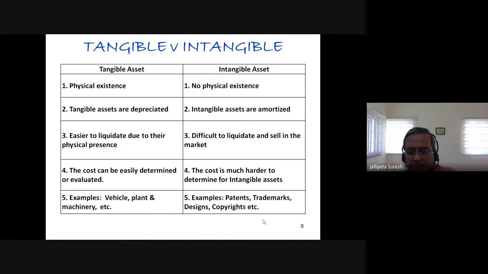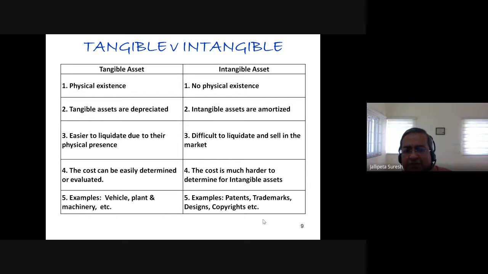Say if you want to buy a computer, you know how much it costs and you can buy it. But if you want to buy an invention, or if somebody has come out with a good idea which you want to buy and use, then comes the difficulty of how much it is going to cost, because whatever value is set is going to be a notional value.